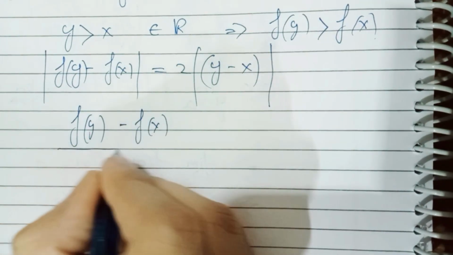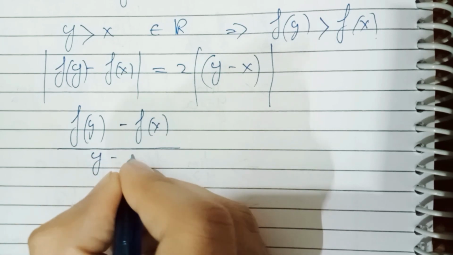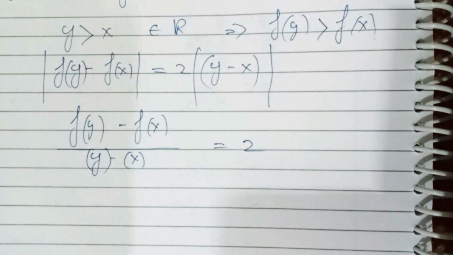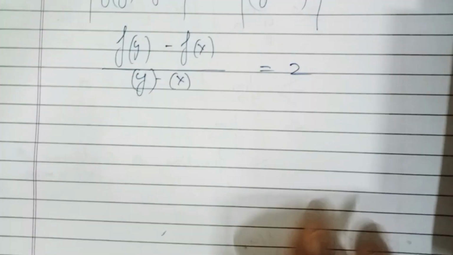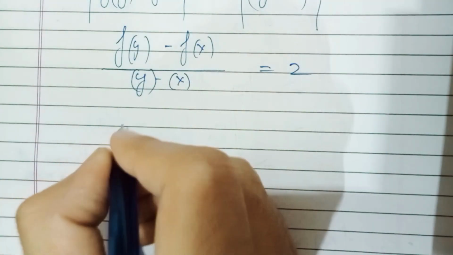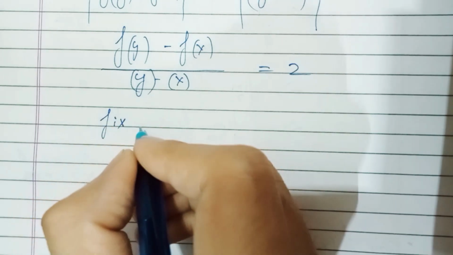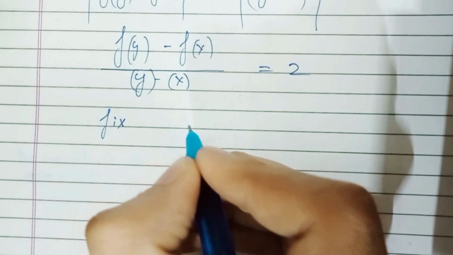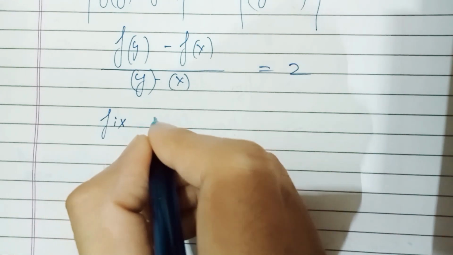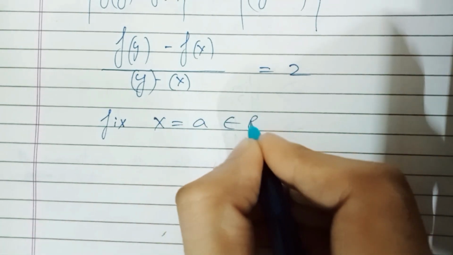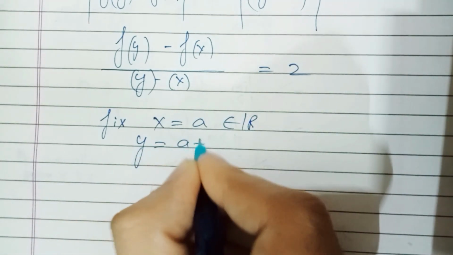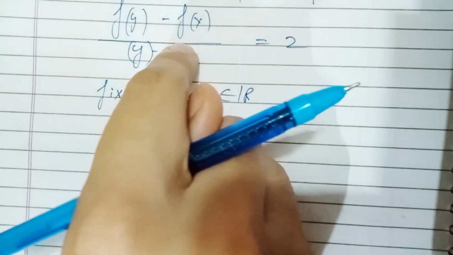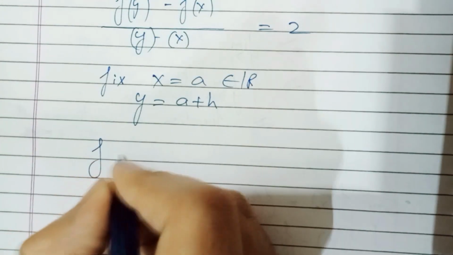And now I can take the limit. I can fix x, and now the limit would exist, and I would be able to show that the derivative does exist and it's equal to 2. So fix x equals a belonging to R, take y to be a plus h. Then I can substitute these values and I will get (f(a plus h) minus f(a)) divided by h equals 2.